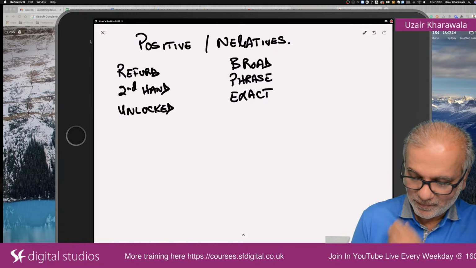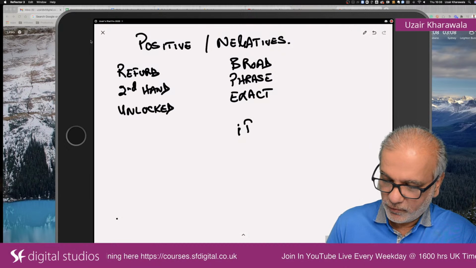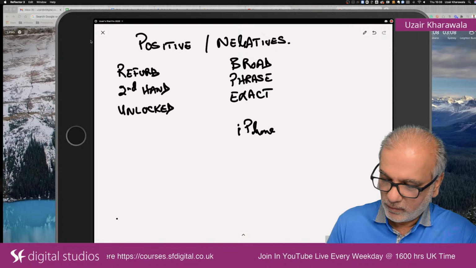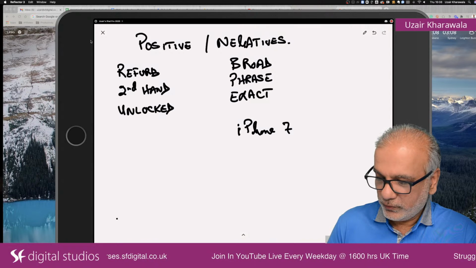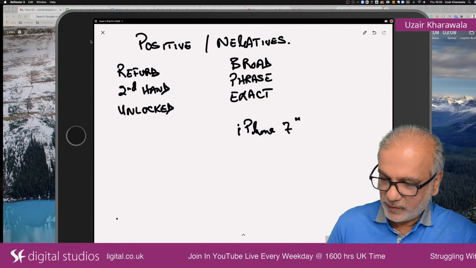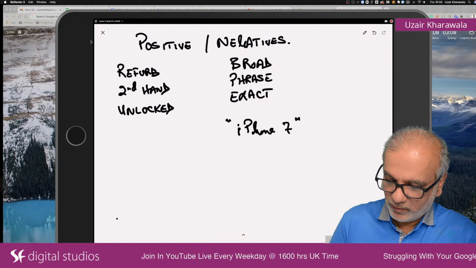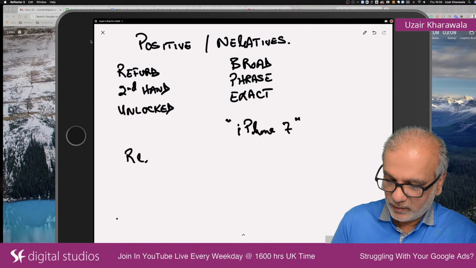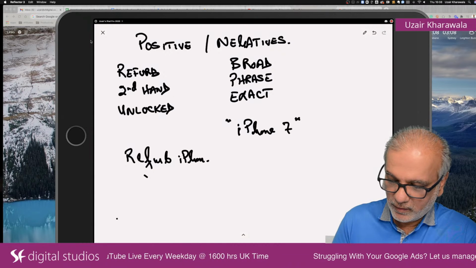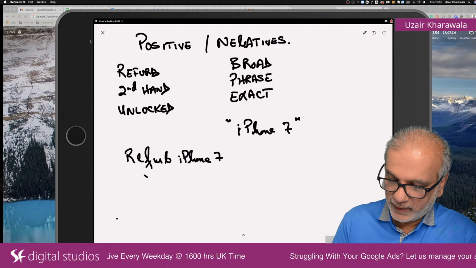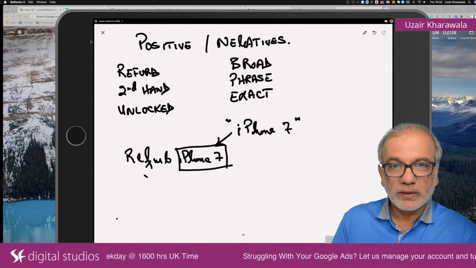and so on, right? Now, if somebody searches for, let's say, iPhone 7, I don't want to use a phrase match in this case, because if somebody then searches for refurb iPhone 7, this search negative is going to block it because the term iPhone is on there.